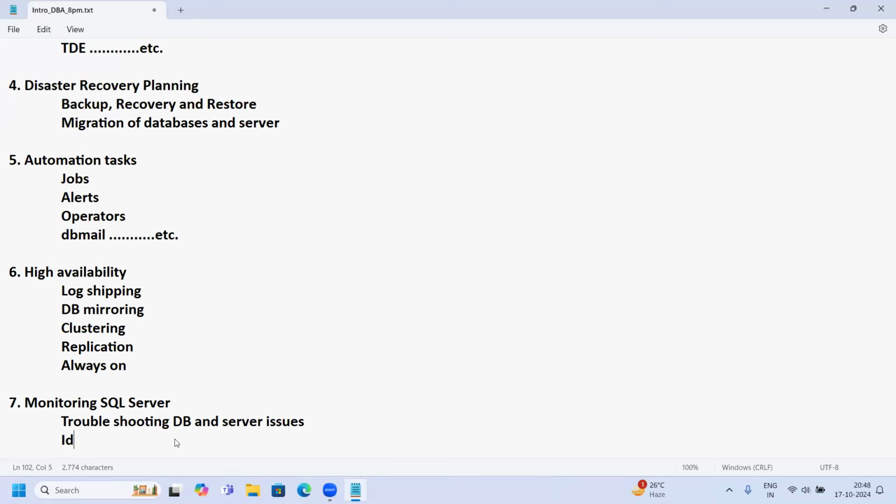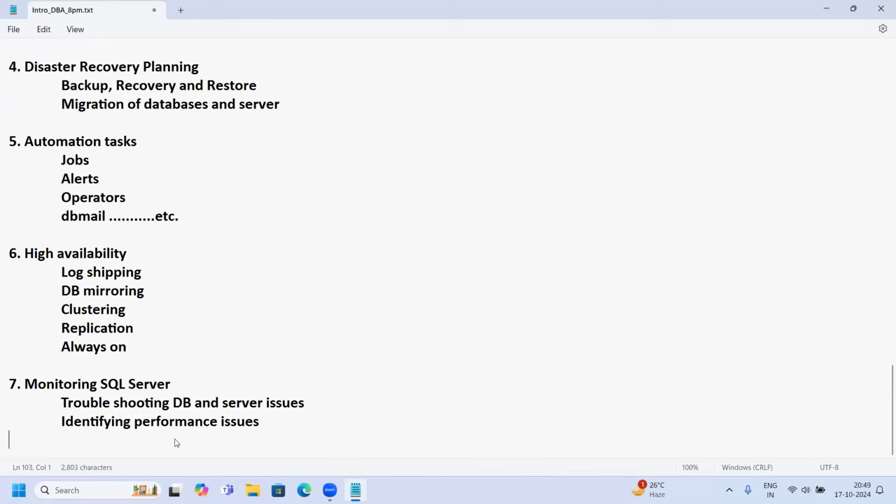And one more major part: identifying performance issues and applying tuning techniques.